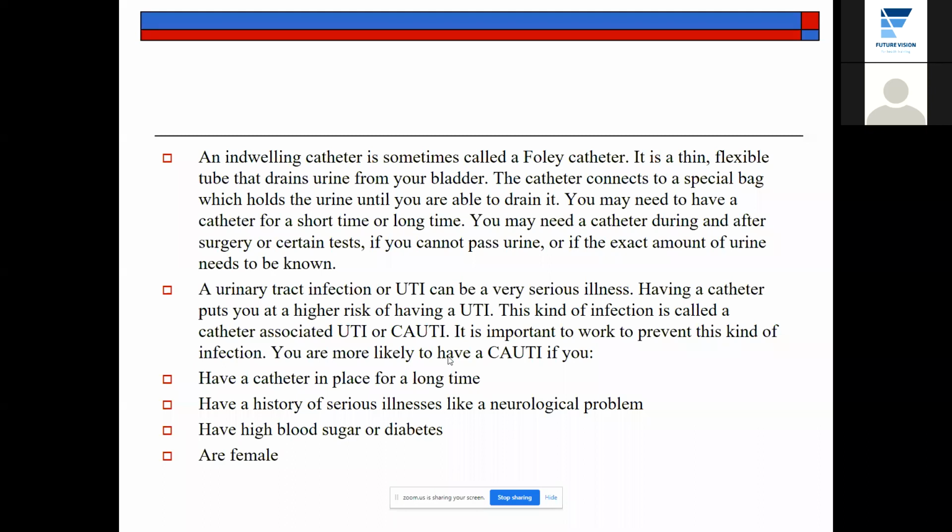Did you hear about this before? شو بنعني بالكاوتي؟ مش الألسر؟ قسطرة. انتبه، مش تقرحات عم نحكي عن القسطرة. catheter associated UTI. اوكي.